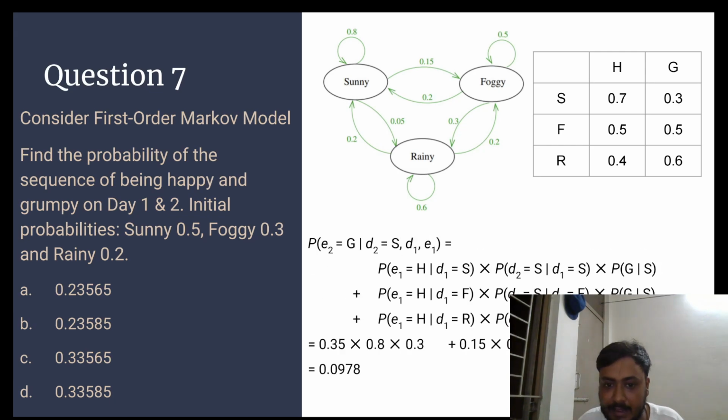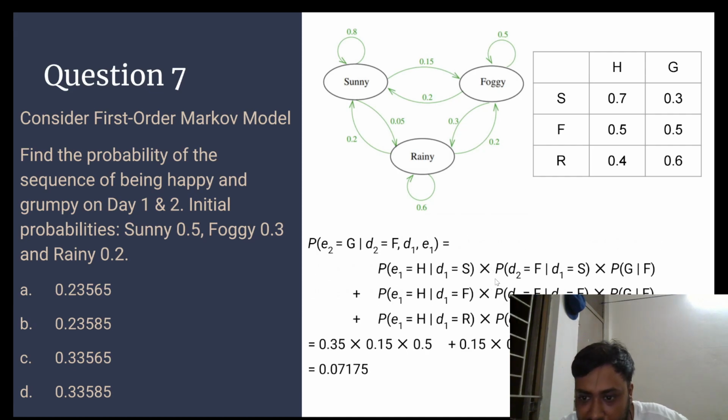Okay. When we do E2, then again you have to do for all possible values of D2. So E2 is G, but D2 can be S, F, and R. So that is why you need to vary that. And then you need to vary the transition between the states. So if you look at these three equations, only the middle part changes. That is the transition between the day.